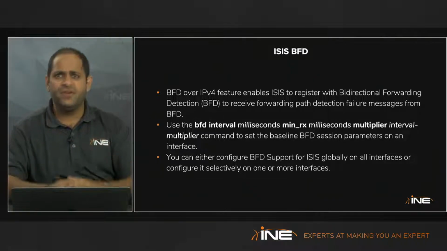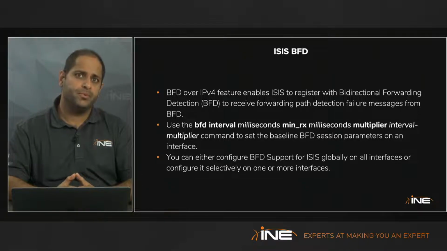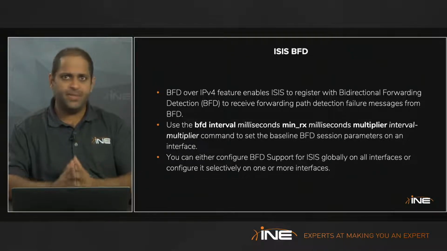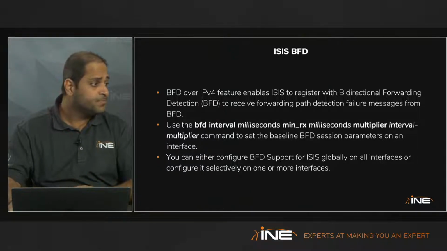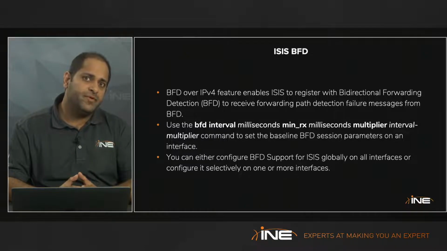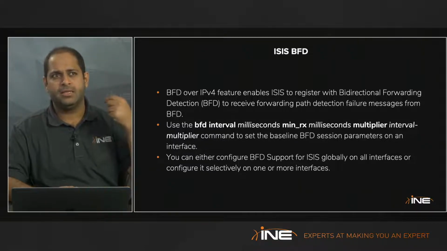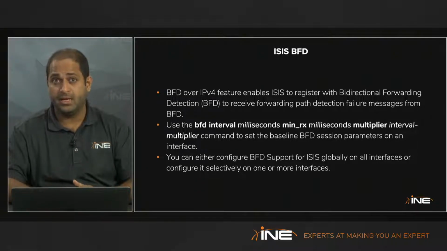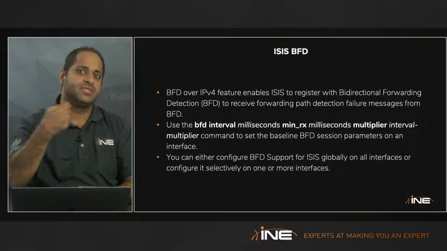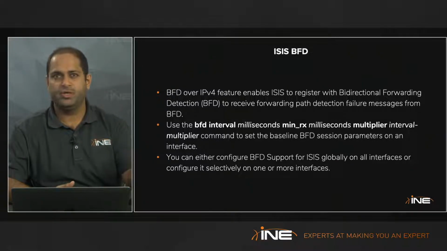You can configure BFD globally under the IS-IS process, or you could do it on a per-interface basis. Same thing in OSPF. You could do it globally or under the interface. The command to configure BFD is bfd interval. Under the interface, you define the milliseconds at which I would be sending you a BFD control packet, at what time interval I should receive back, and then a multiplier, which could be 1, 2, or 3.